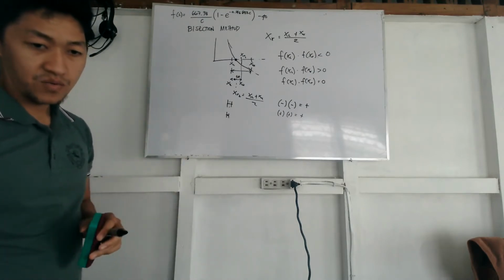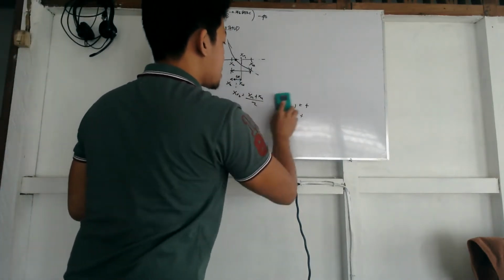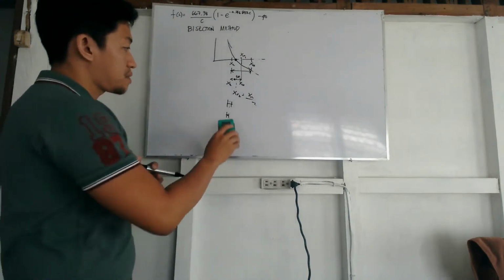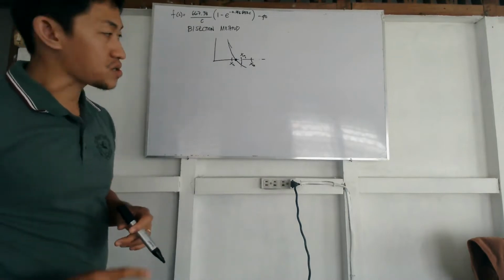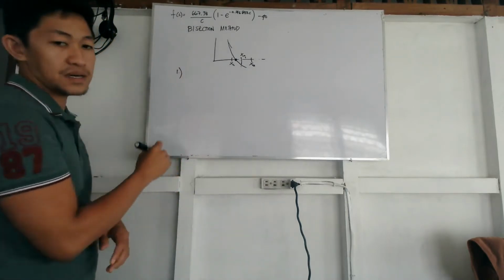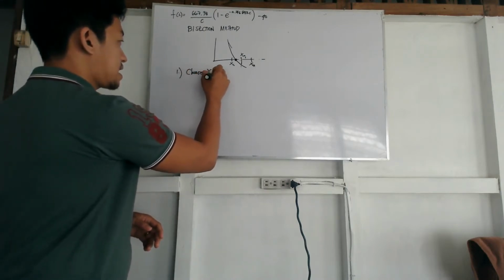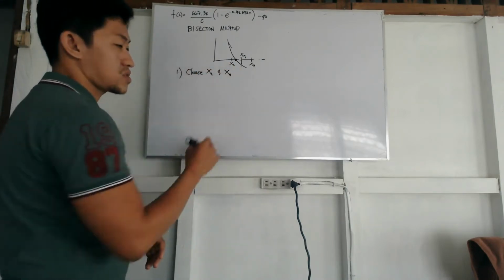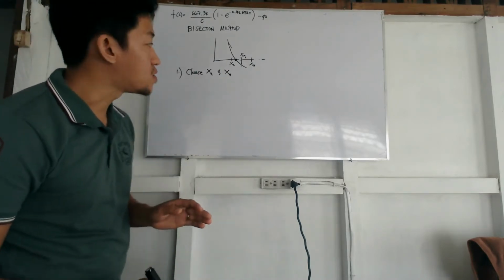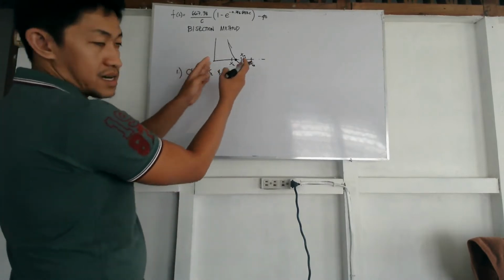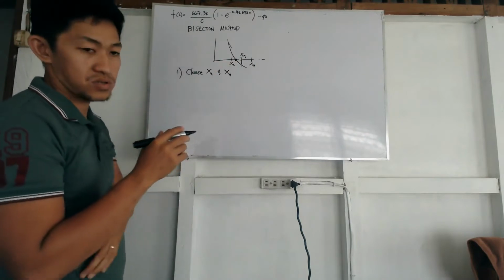Okay, the procedure is in your book. For the procedure, the first step is to choose XL and XU. XL and XU are the numbers that contain your root.